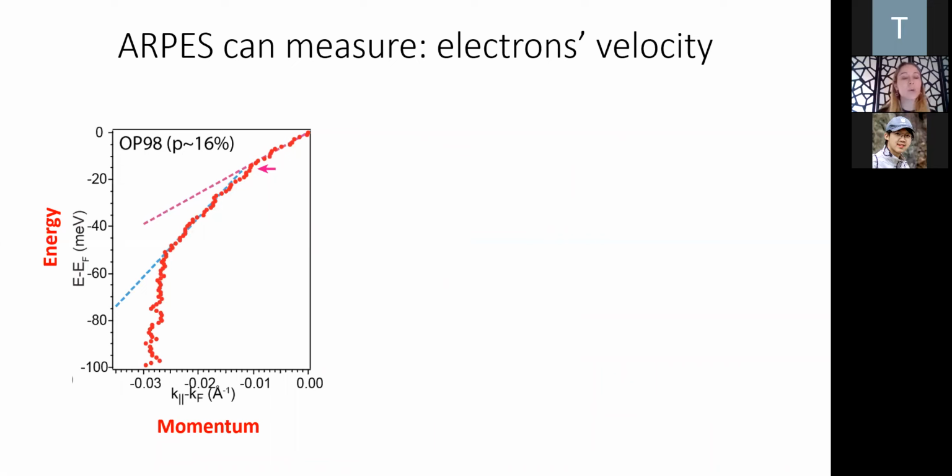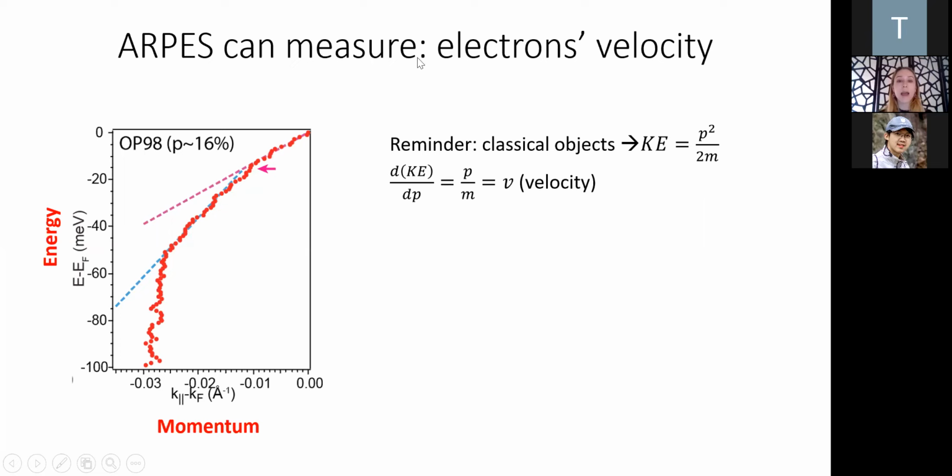ARPES can measure electrons' velocity, and I'm illustrating this using some of our group's data on high temperature superconductors. As a reminder, if you have a classical object, the kinetic energy goes as momentum squared. If you take the derivative of kinetic energy with respect to momentum, you get P divided by M, which is velocity. So there's a relation between slope and velocity.